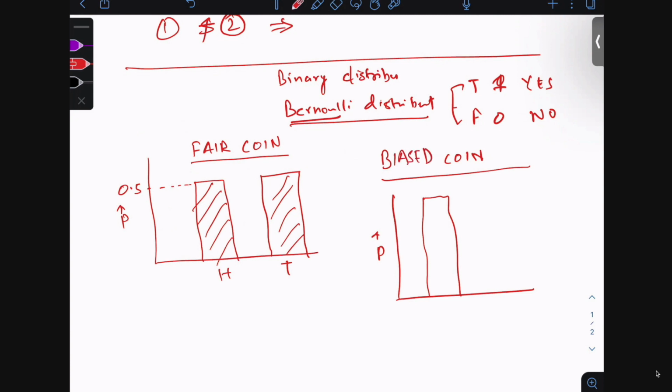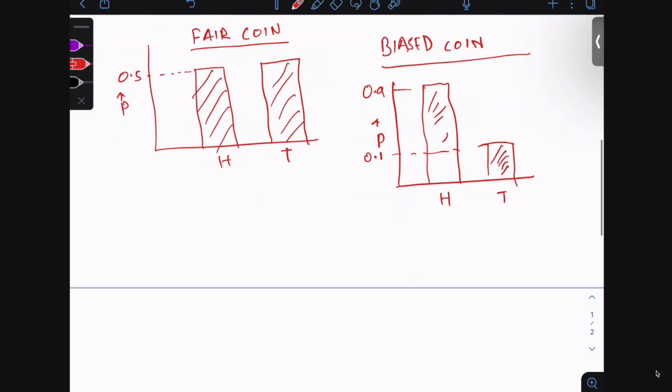In the case of a biased coin, let's say it is heavily biased towards heads. So 90% of the time it predicts head. How much time will it predict tail? This should be 0.1, 10% of the time it should predict tail. So I have two distributions. Let's call this distribution P, and this distribution Q.